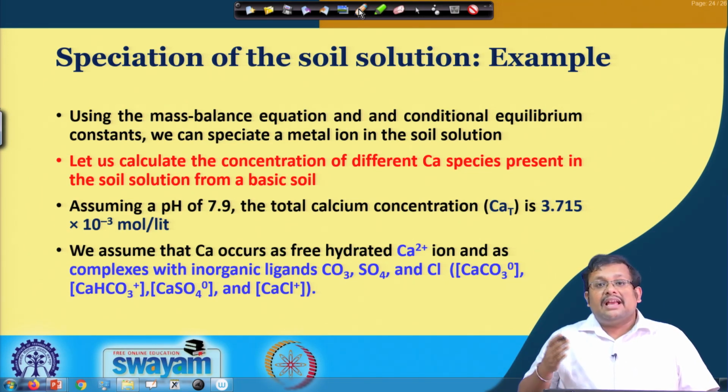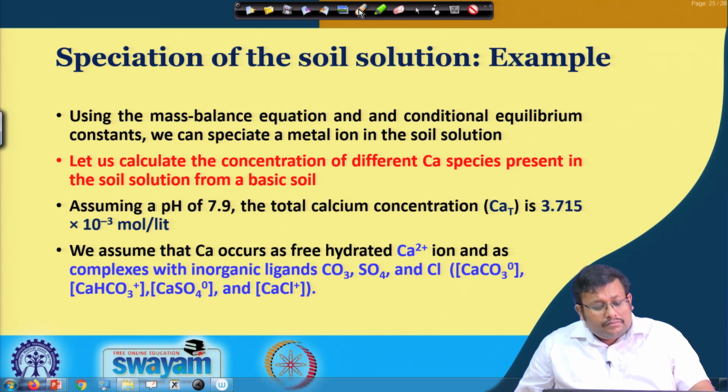So, we assume that the calcium occurs either as free hydrated calcium 2 plus ion, or as complexes with inorganic ligands like carbonates to form calcium carbonate, sulfates to form calcium sulfate, and chloride to form calcium chloride.